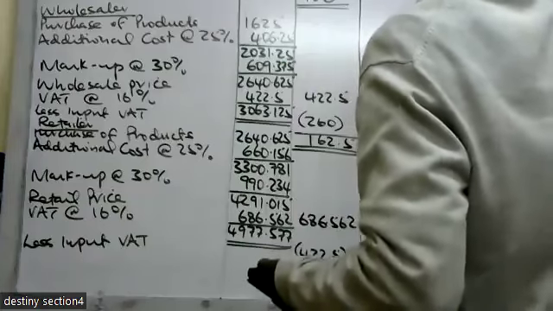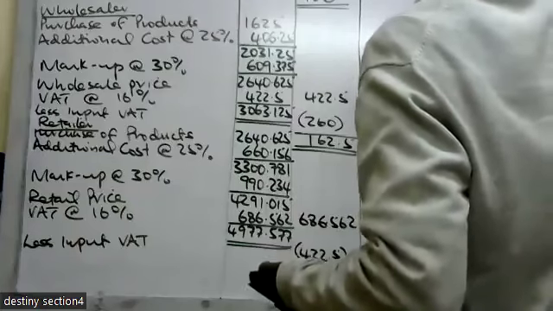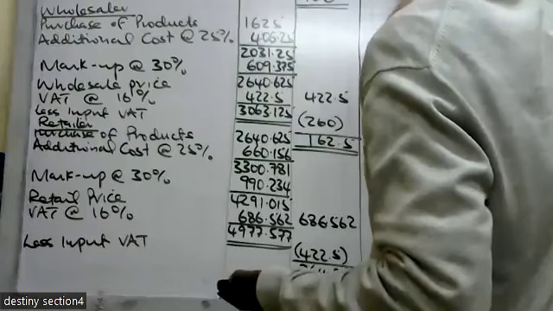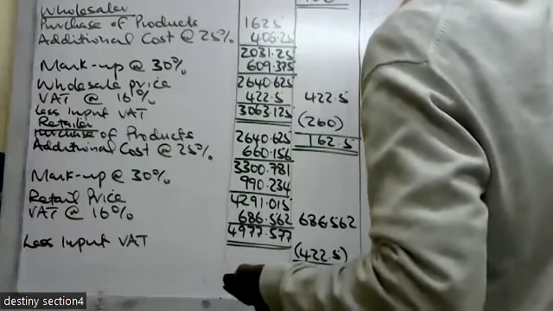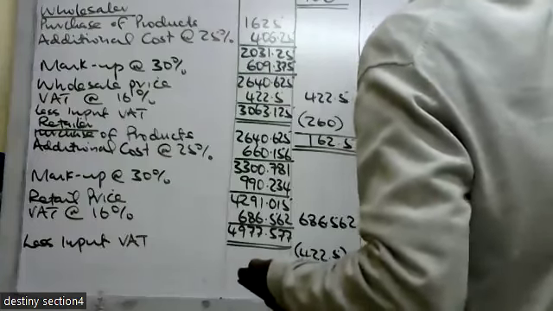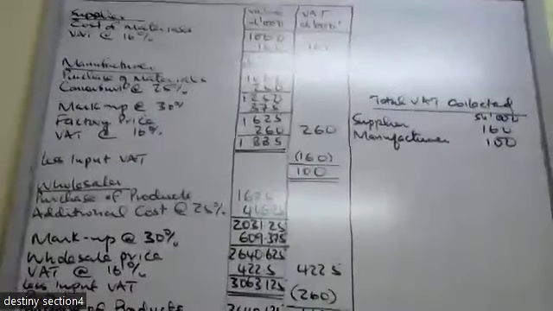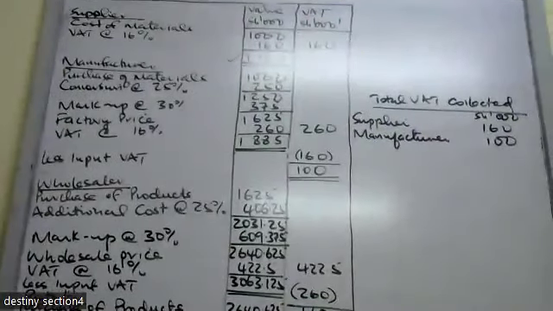Supplier collected 160. Then the manufacturer collected 100. Is that visible? No. Manufacturer collected 100.